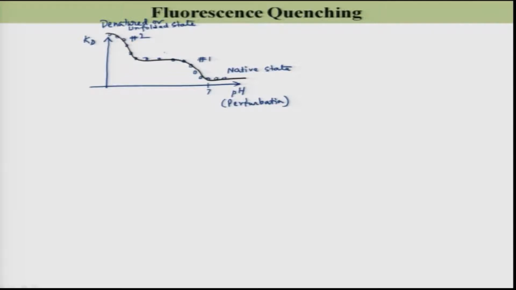I can clearly tell that I have some state which is neither denatured nor native, like an intermediate state. So, I would have the signature of an intermediate state in this case. So, the denaturation is not a two-step process, this is a three-step process. I can write that the native state of the protein is first changing to some stable intermediate state, and then this is converting to the unfolded state. So, this is a three-state process.